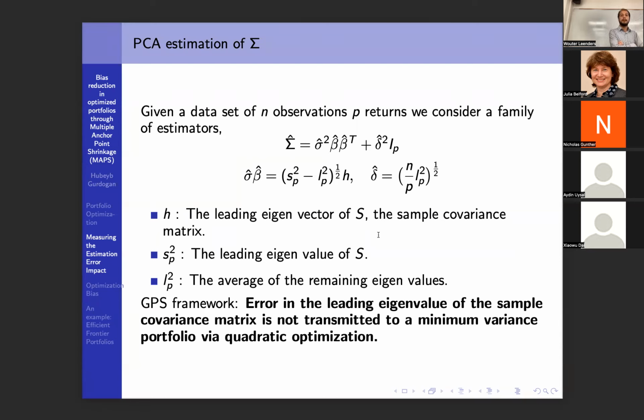So I want to be clear about what the last paragraph says. I agree that the GPS framework focuses on the leading eigenvector. Is this saying that errors in the leading eigenvalue don't affect the estimated minimum variance portfolio?